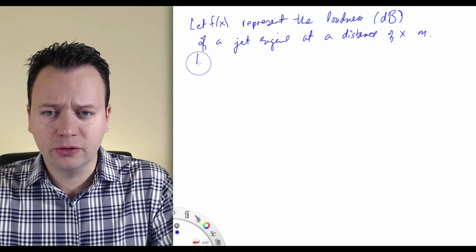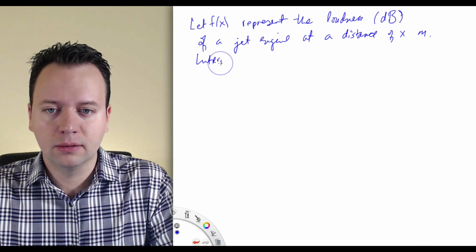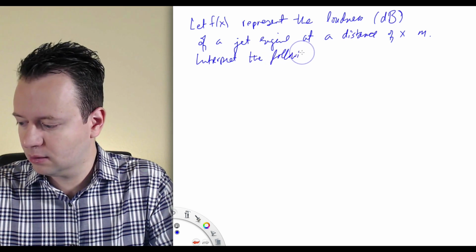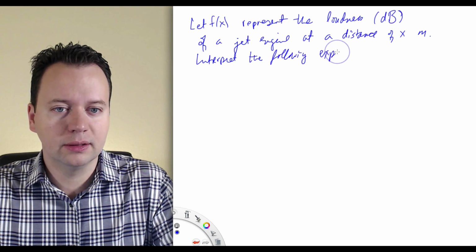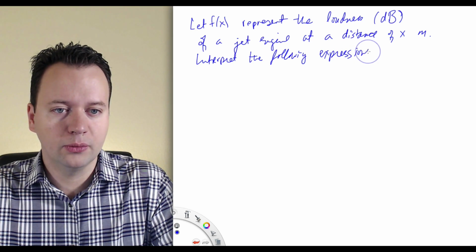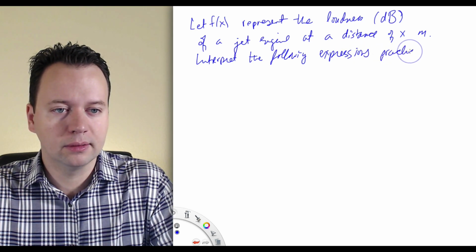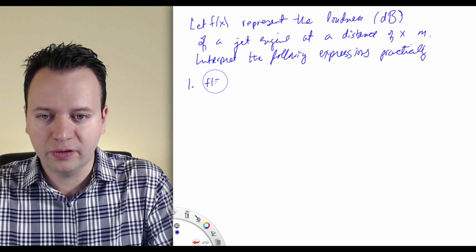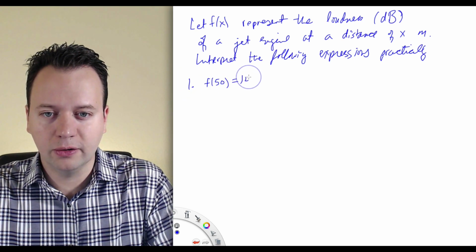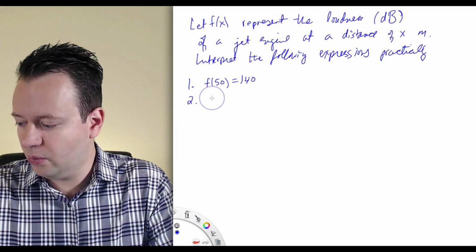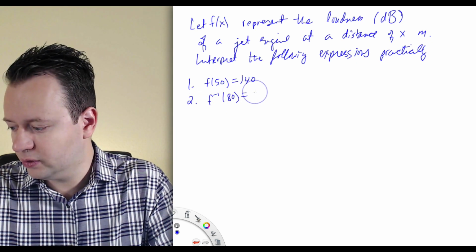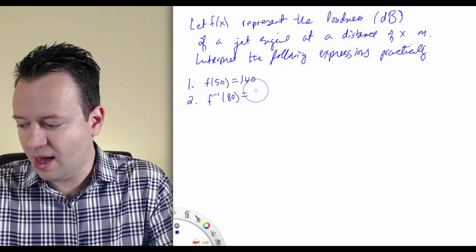So it's a measure of the loudness in decibels. We want to interpret the following expressions practically. The first one is f of 50 is equal to 140. The second one, f inverse of 80 is equal to 50,000.